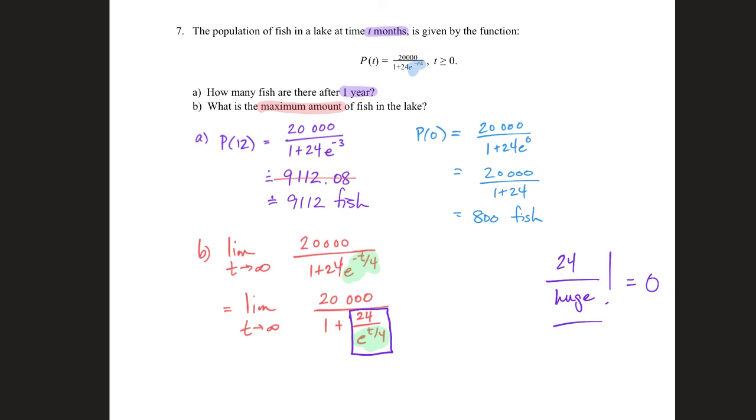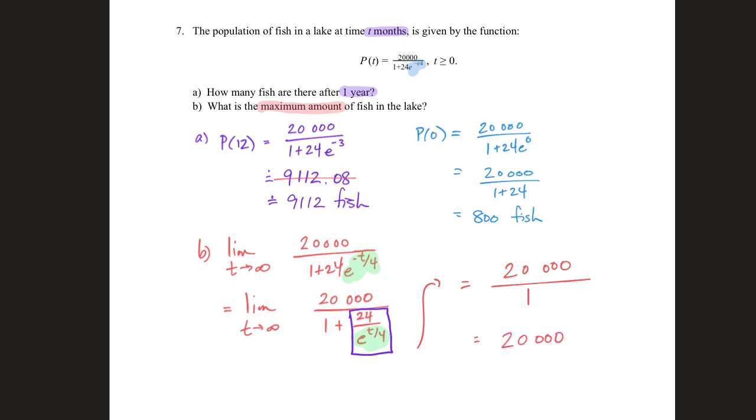Now we know that they don't equal 0 because the only way to equal 0 is if the top equals 0 and the top's 24. However, it's going to approach 0. So close to 0, you can treat it like it's 0. Well, then that means that my top is 20,000. My bottom becomes 1. And so we take a look at that and we go, oh, so my answer is 20,000.